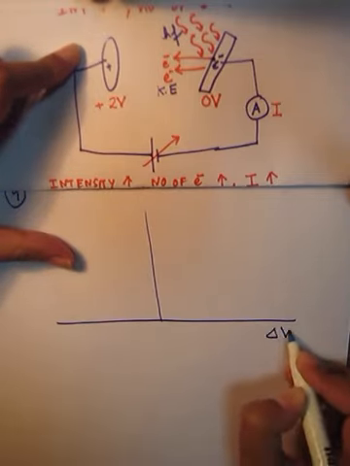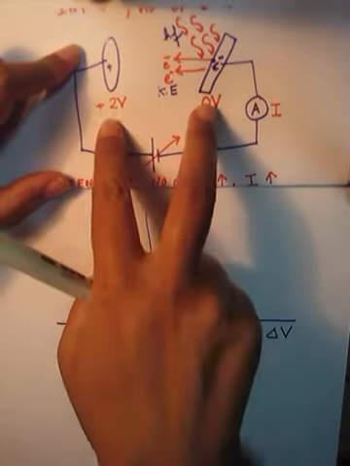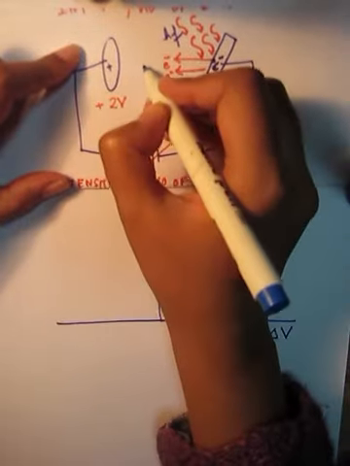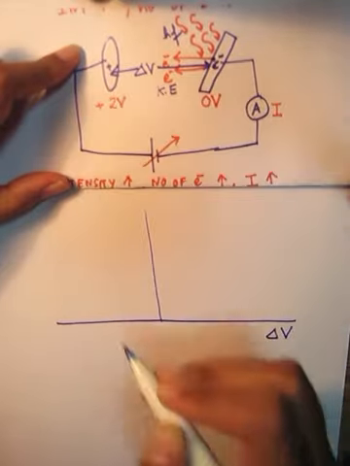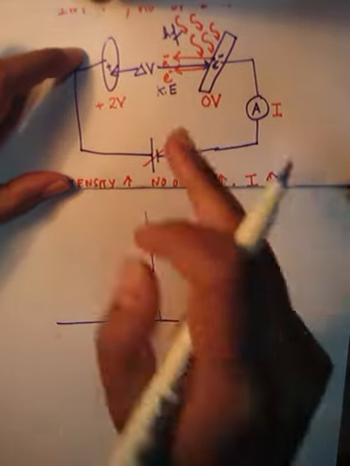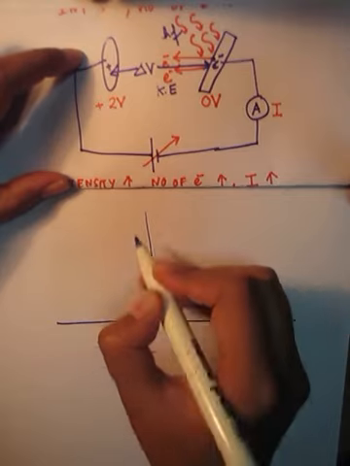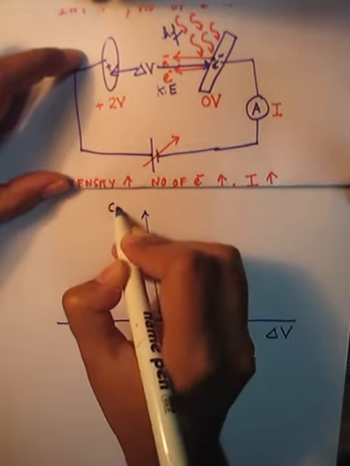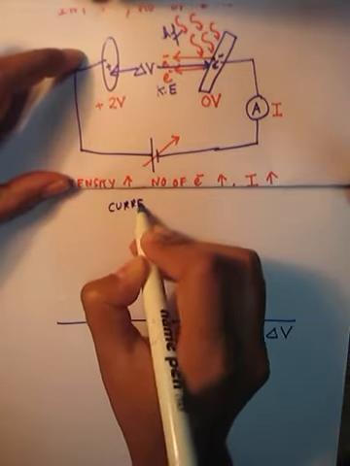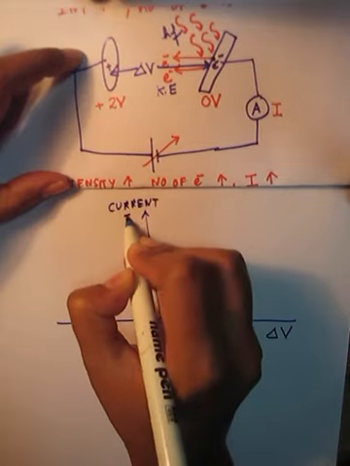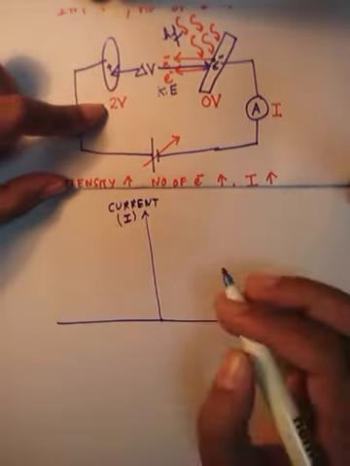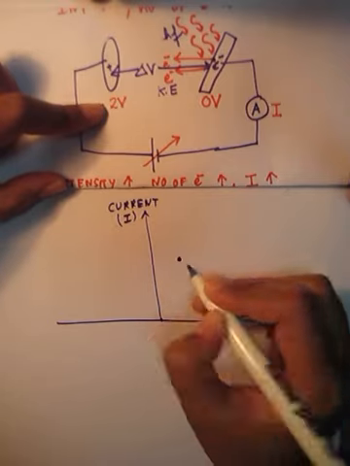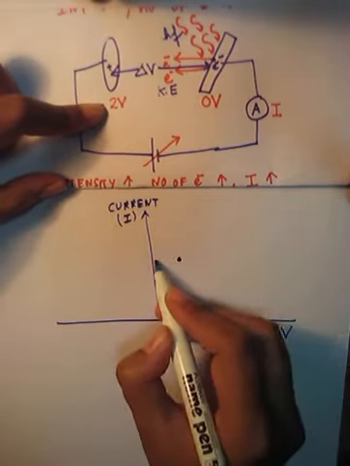In this direction we have the potential difference between these 2 points. So delta V is the potential difference between these 2 plates, and in this direction will be the current, and the current is given by I. So at 2 volts you get some current.